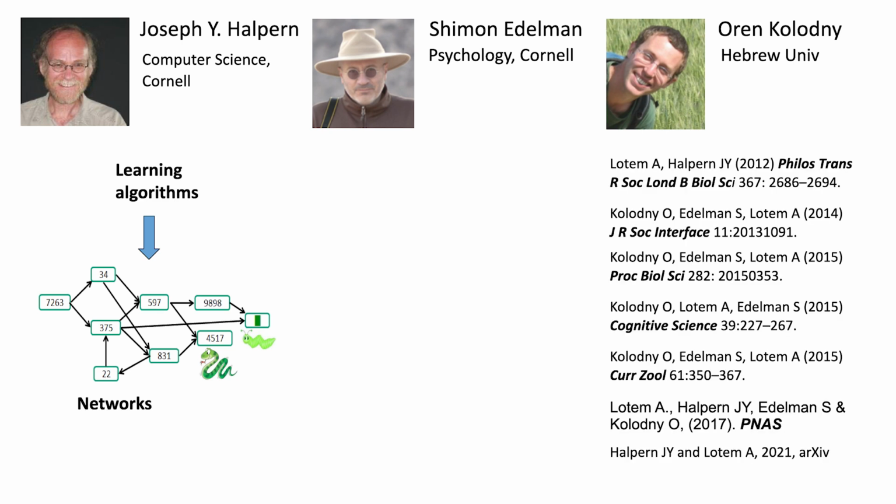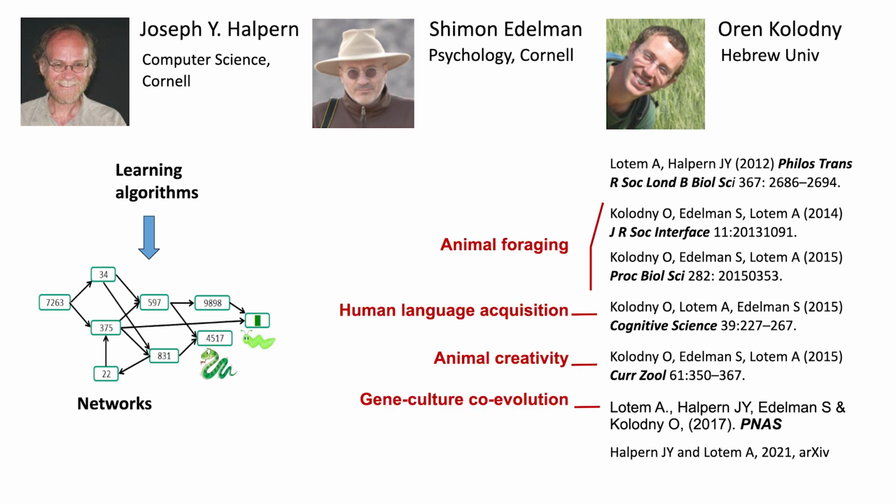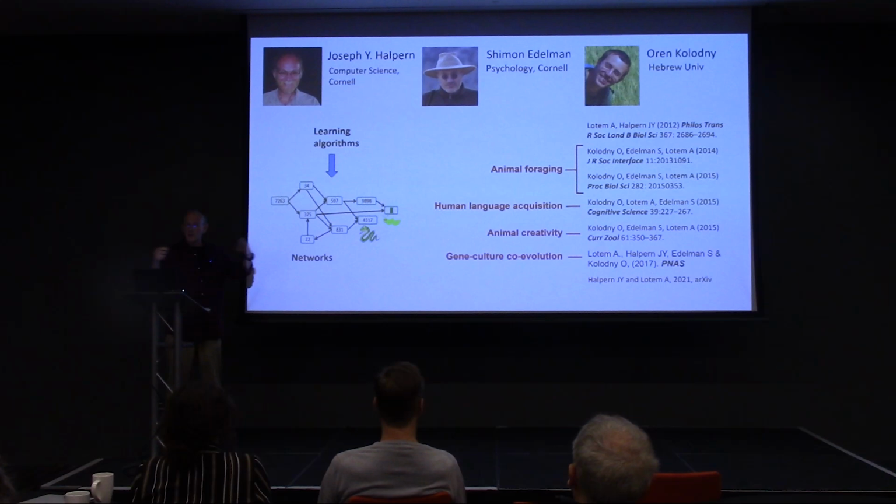Some of them are verbal arguments, some of them are explicit computer simulations, and for example, some of them deal with computer simulations that show under what condition it will be adaptive to construct this kind of networks for animal foraging in a structured environment. It's not always adaptive, but sometimes when the environment becomes more and more structured and complex, it might be adaptive.